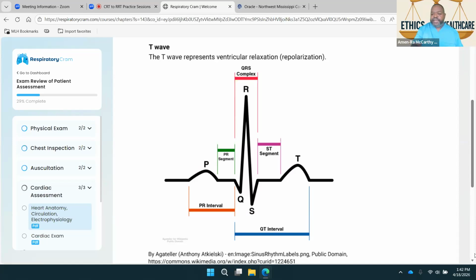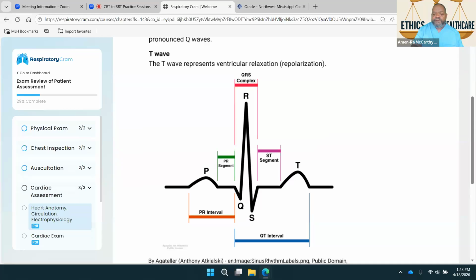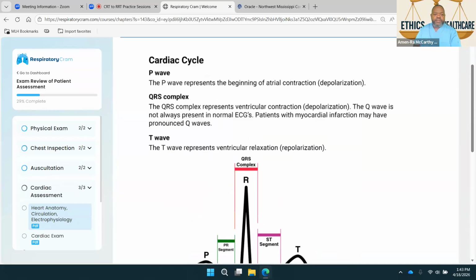All right, so let's look at it. P wave is the first wave. Let me just read it right quick. The P wave represents the beginning of atrial contraction, or what did I say? Depolarization. There it is. Contraction, aka depolarization, right? The QRS complex represents the ventricular contraction or depolarization or systole or squeeze, right?